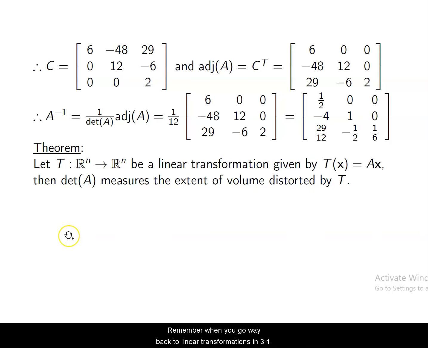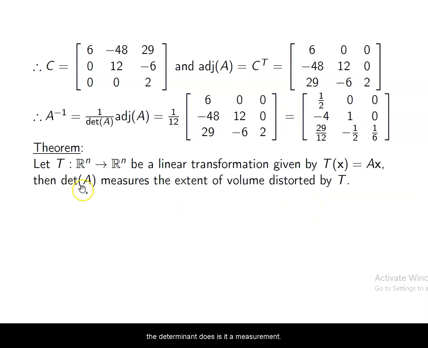Remember, when you go way back to linear transformations in 3.1, we said that our transformations transform our vectors. They stretch our vectors in some way. They rotate them, they stretch them, they compress them, right? That's what a transformation does. So our transformation changes the matrices, and if we have a unit square, it changes and distorts the unit square by some amount.